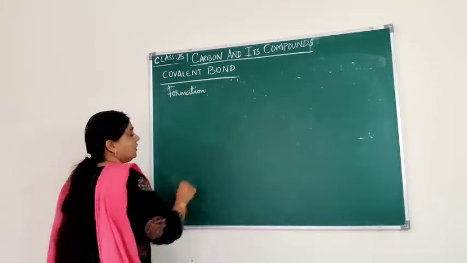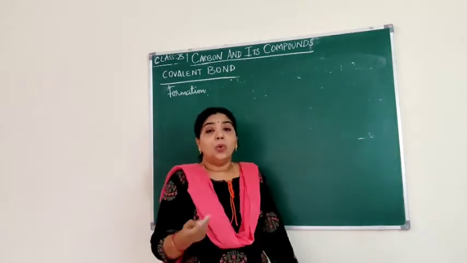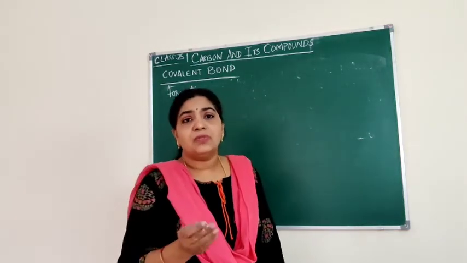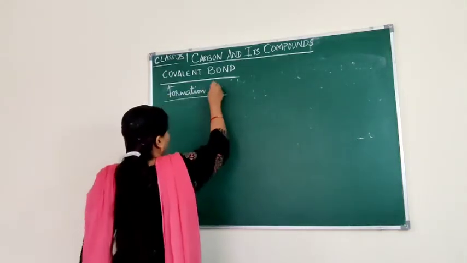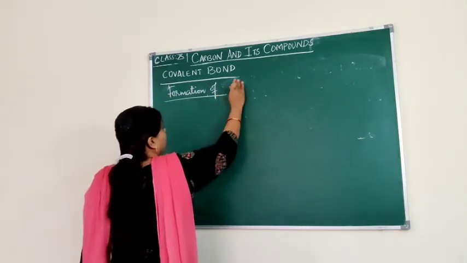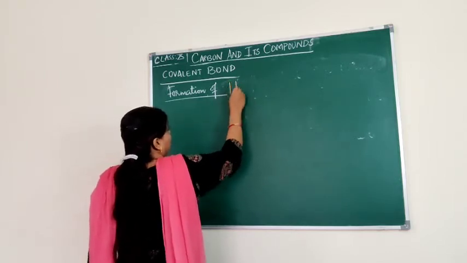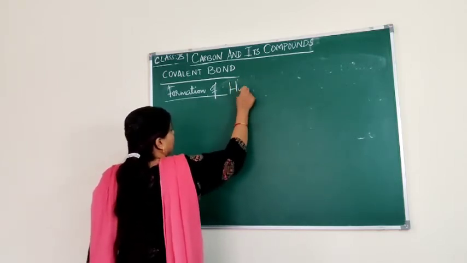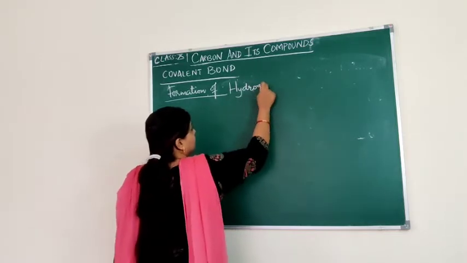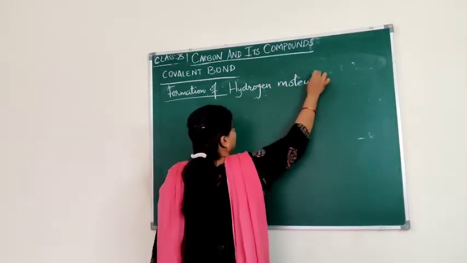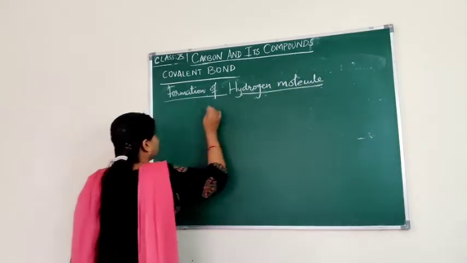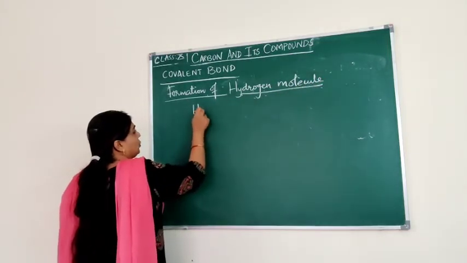So we know hydrogen molecule H2, O2, Cl2. These are molecules. So let us see how they are formed. Formation of hydrogen molecule. The formula is H2.